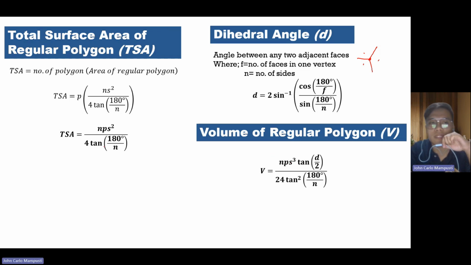So kanina sa total surface area, we have s squared. Dito naman, s cube. Tangent, okay, yung dihedral angle natin, D over 2, all over 24 tangent squared 180 degrees over number of sides or n.